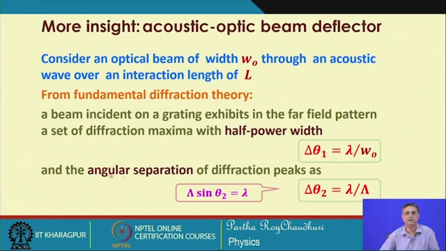And for various orders, the d sin theta equal to n lambda relation gives you delta theta 2, that is the spacing between the two diffraction peaks, the separation of different diffraction peaks. One is along theta 1, another is along theta 2, third one is along theta 3. In the case of n number of diffracted waves, the separation between the two peaks comes in this form, lambda by delta lambda.